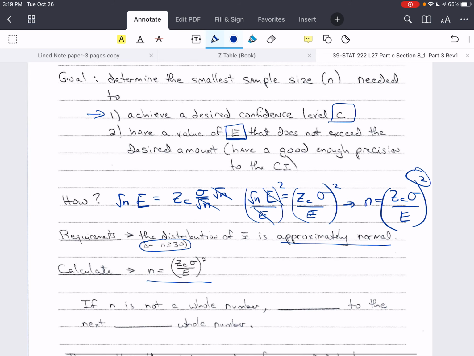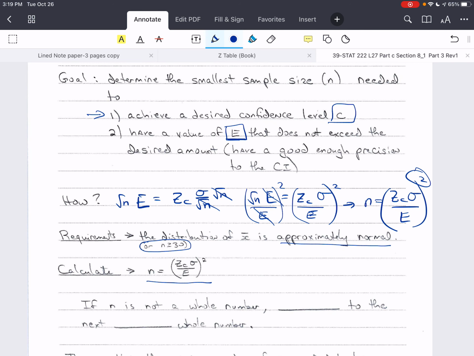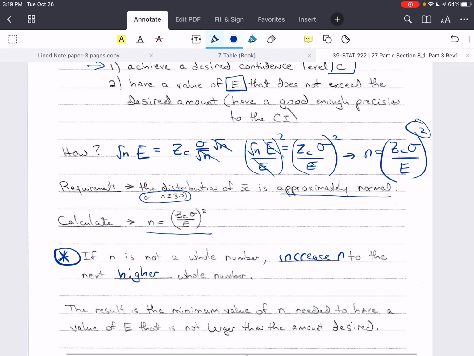Okay, so once we calculate N, we have this rule that's very important. If N is not a whole number, then we increase N to the next higher whole number. It doesn't matter what the decimal place is, we're going to take N up to the next whole number, no matter what.